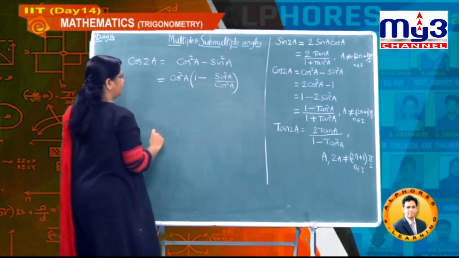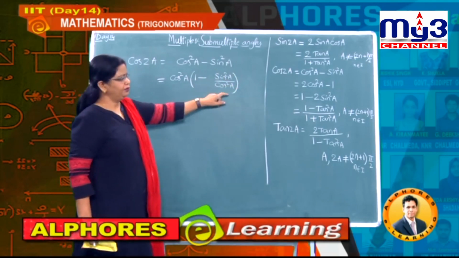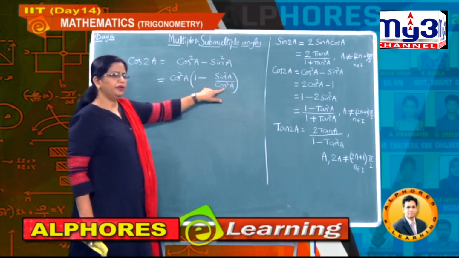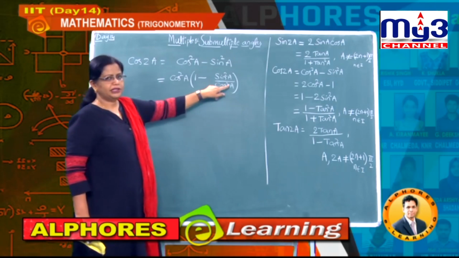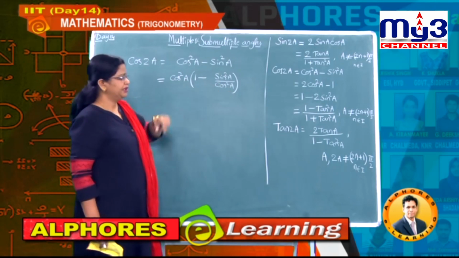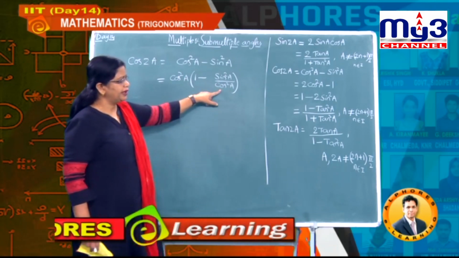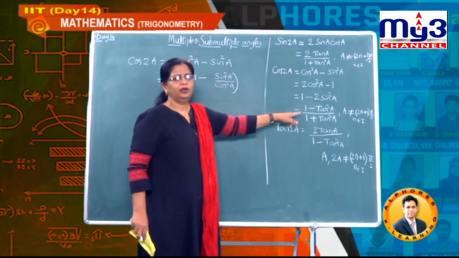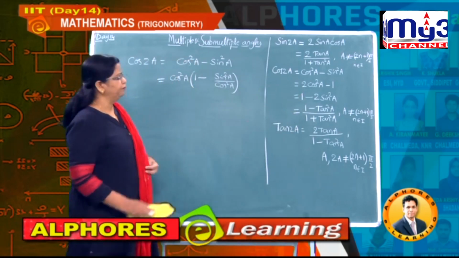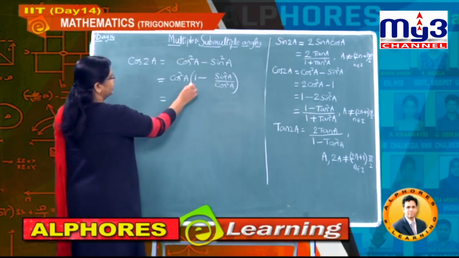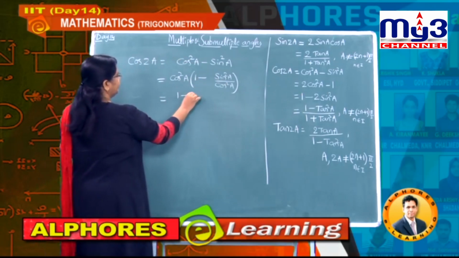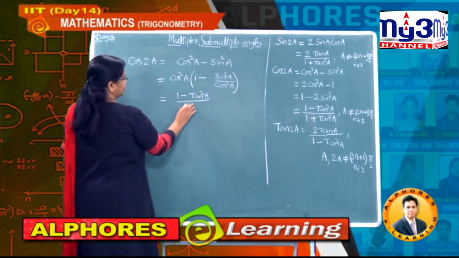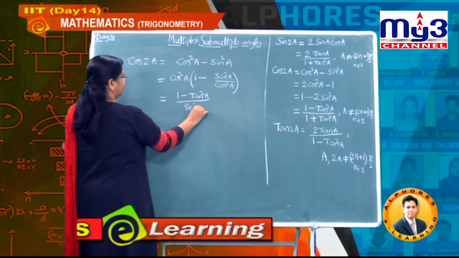Observe here again, indirectly you are writing cos value in the denominator. So when will it hold good? Only when cos A is not equal to 0. That is the reason immediately you have to take the condition. What is that? A must be not equal to odd multiple of pi by 2. So now this is 1 minus tan square A, and this cos square A we are writing as 1 by secant square A. Got it, students?